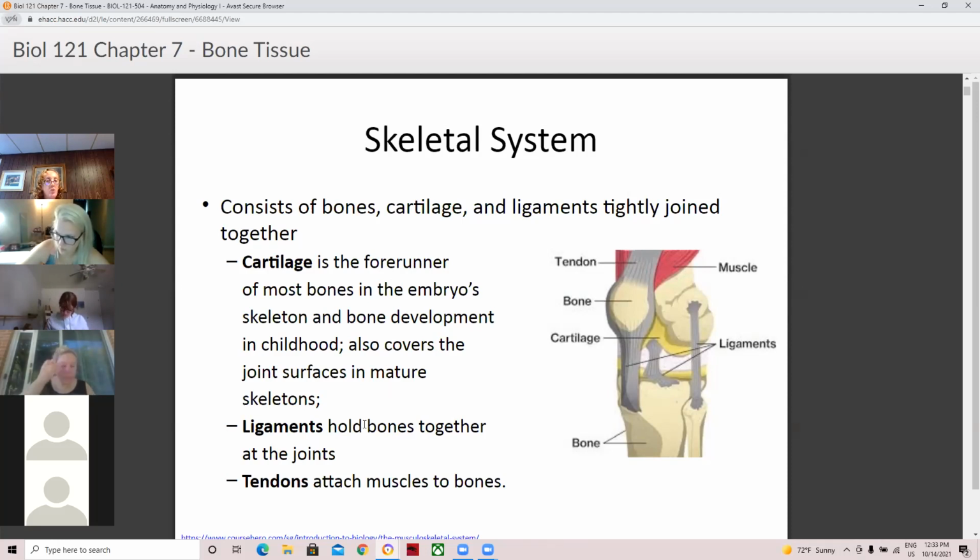Ligaments hold bones to bones together at joints. Tendons attach muscles to bones. Of the skeletal system, bone, cartilage, and ligaments are the 3 different types of structures that we have. Tendons are not included because they connect muscles to bones.